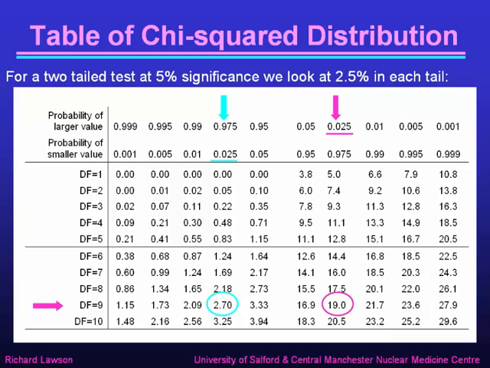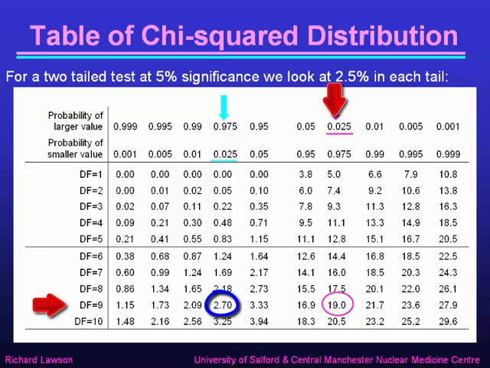Here's a table of the chi-squared distribution. Remember, we're doing a two-tailed test, so for a 5% significance level we have to look at 2.5% in each tail. If we start with the left-hand tail, in blue we see here that a probability of getting a smaller value at the 2.5% level, p equals 0.025, for 9 degrees of freedom corresponds to a critical chi-squared of 2.7.